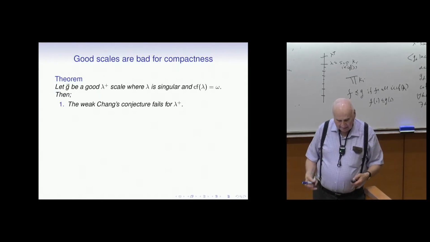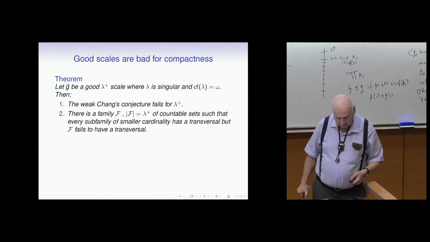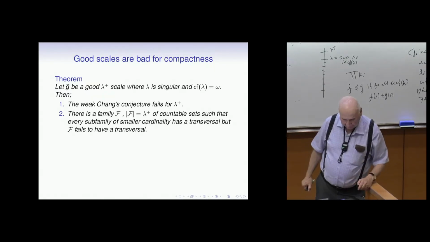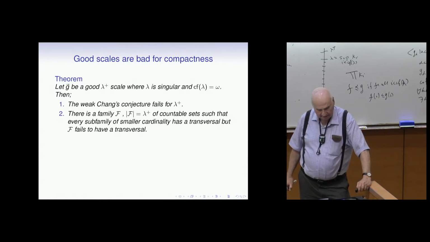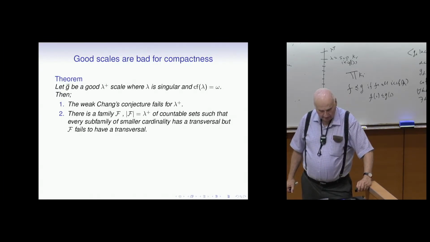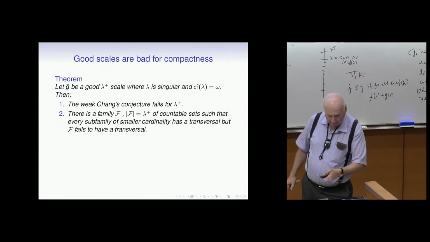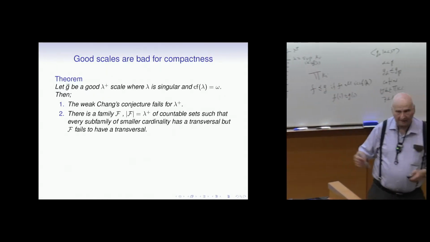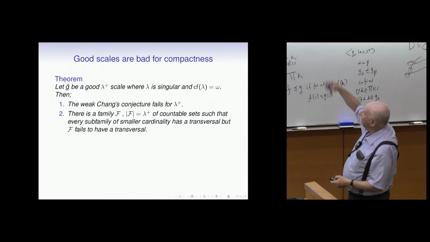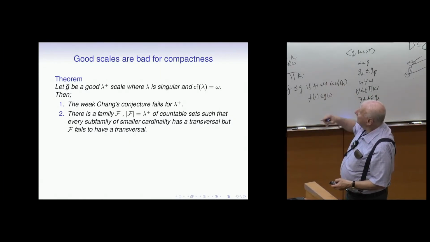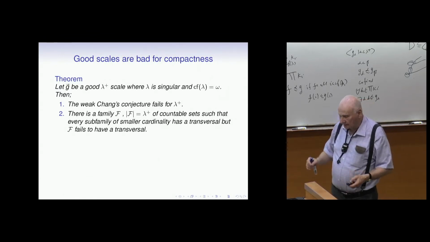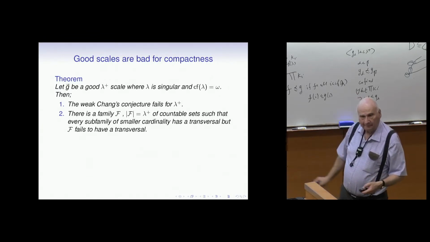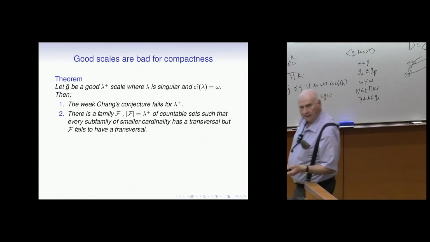But anyway, it's something that is able to generate a lot of the counterexamples to compactness that we have. The weak Chang conjecture fails for lambda plus. If you have a family of countable sets, every subfamily of... well, I put the theorem, assume the cofinality of lambda is omega. There are versions for when the cofinality is bigger than omega, where the set of counterexamples to transversal would not be countable, it will be of cardinality the cofinality of lambda.